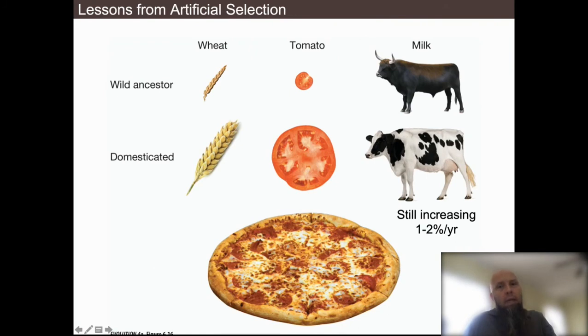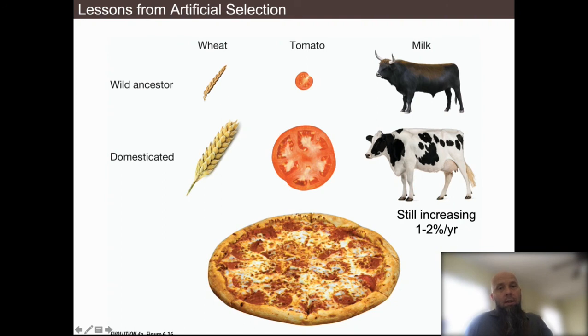And we can learn a lot about these scenarios of populations evolving over time due to selection, not just using nematodes in the lab, but also observing domesticated organisms and how they have changed over hundreds of years that humans have worked with them.